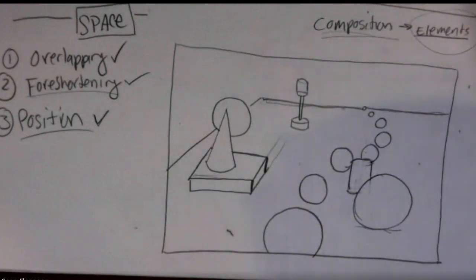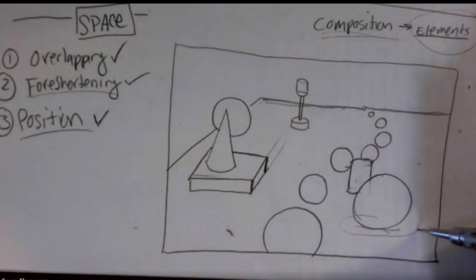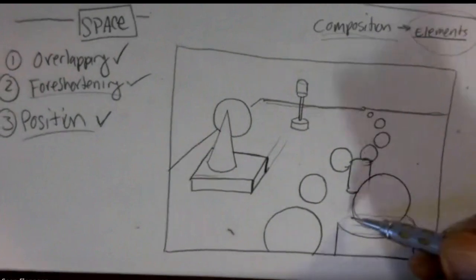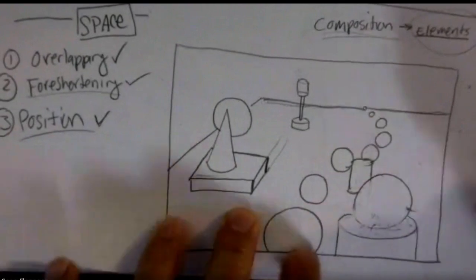Just by connecting forms, I'm going to do that again here. I'm going to draw an ellipse. I'm going to draw 2 lines coming down. Actually, I'm going to make it go right off the page. Now it looks as though the sphere is resting on top of the cylinder.